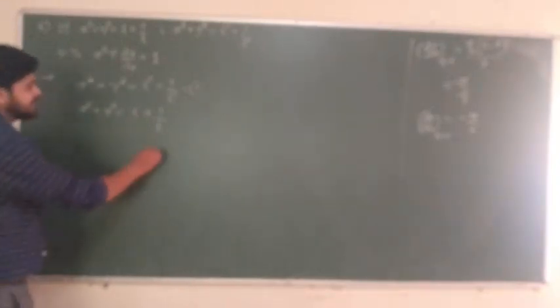Now I am squaring this second equation. So on squaring equation number 2, what we get: x square plus y square whole bracket square is equal to t plus 1 upon t bracket square.